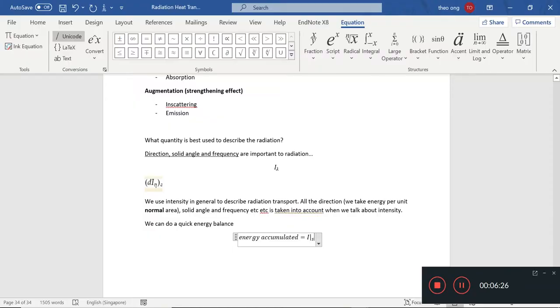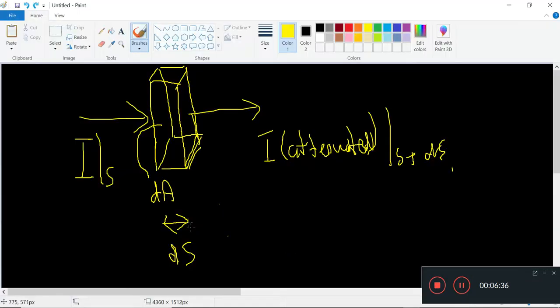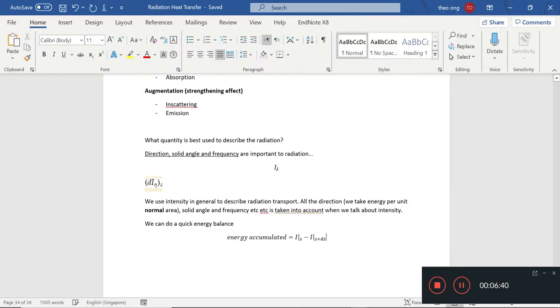So it's I at S minus I at S plus ds. Does it make sense? This is the one entering, this is the one exiting. So the energy accumulated is this, multiplied by the normal area, dA.